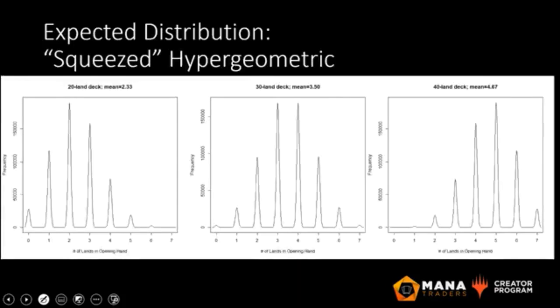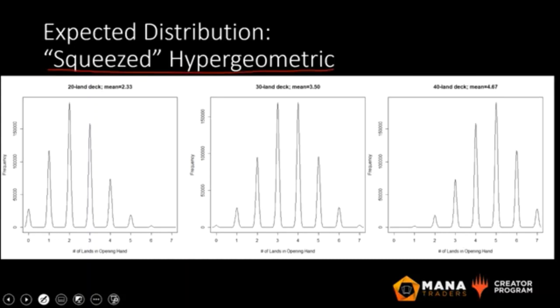So what do we expect? We expect the distribution of lands in the opening hand in the best of one algorithm to follow what we call a squeezed hypergeometric distribution.